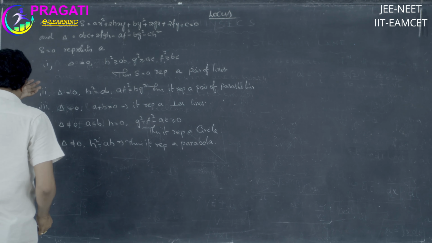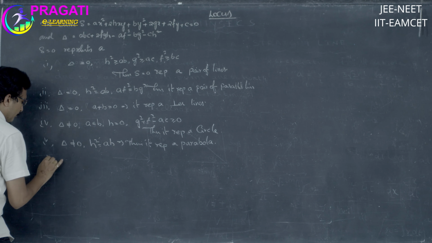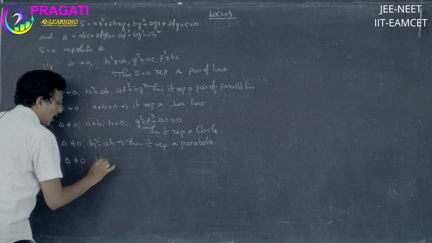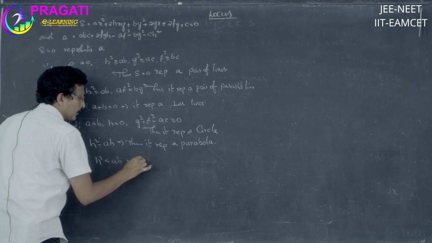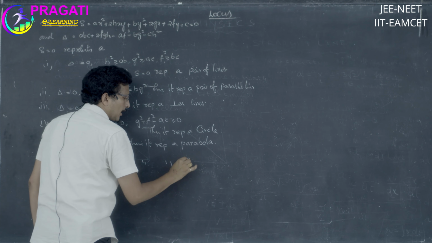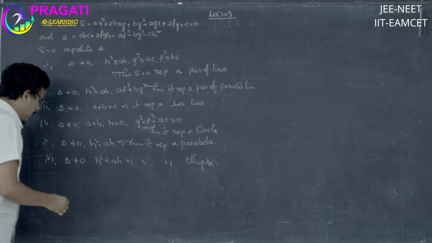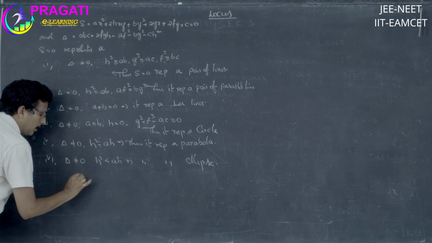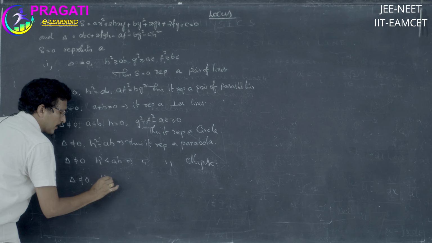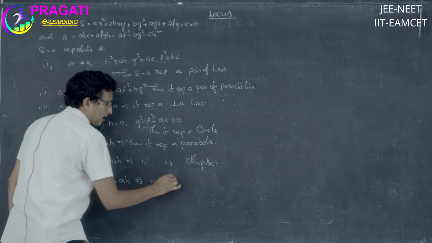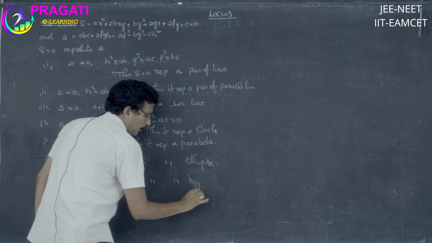Okay, next one is delta not equal to 0, h square less than ab, then it represents an ellipse. Okay, and the next one is delta not equal to 0, h square greater than ab, then it represents a hyperbola.